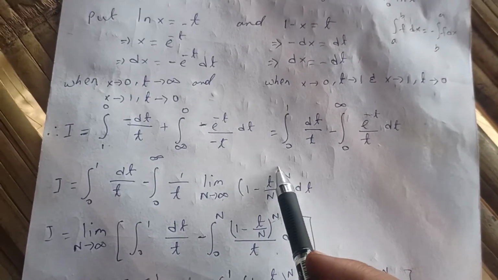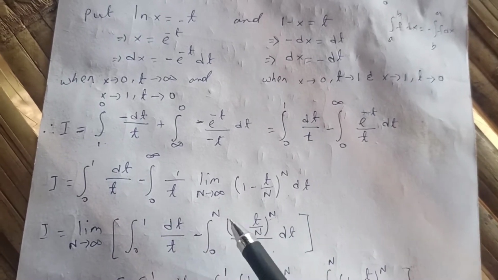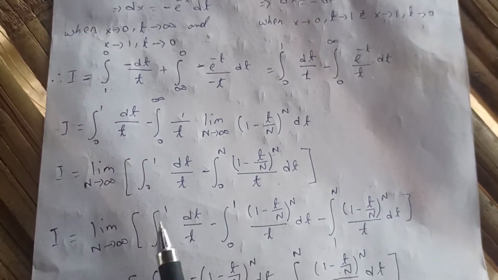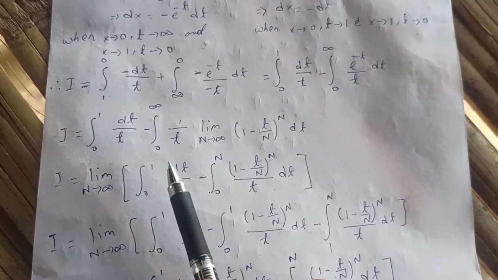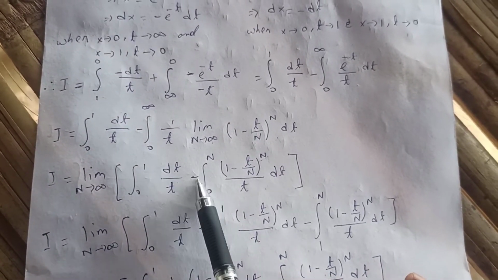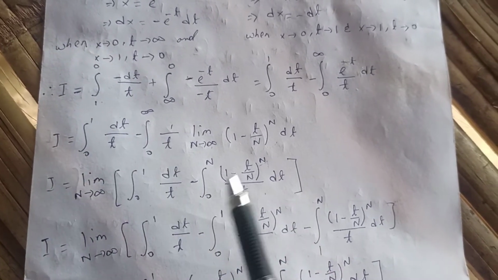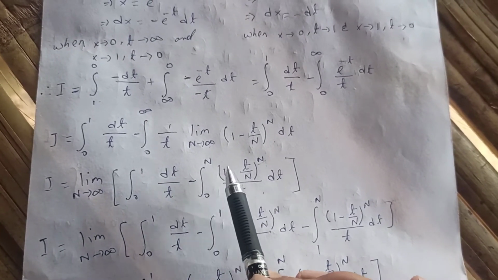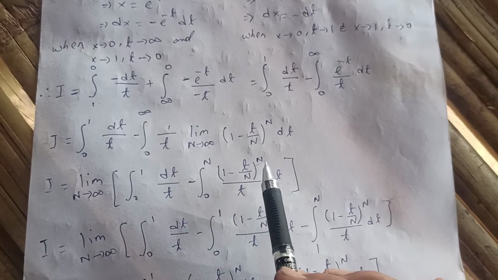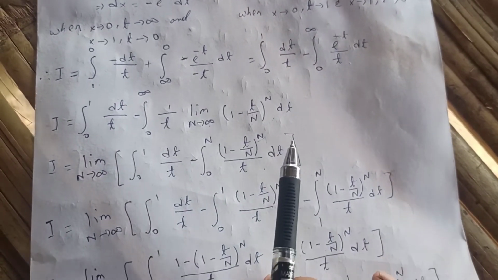Now let's bring the limit outside, and since the upper limit is infinity, we replace it by n. So I is the limit as n tends to infinity of the integral from 0 to 1 of dt/t minus the integral from 0 to n of (1 - t/n)^n over t dt.